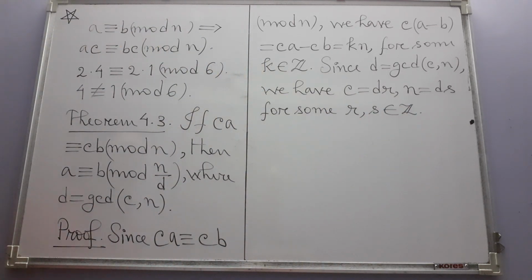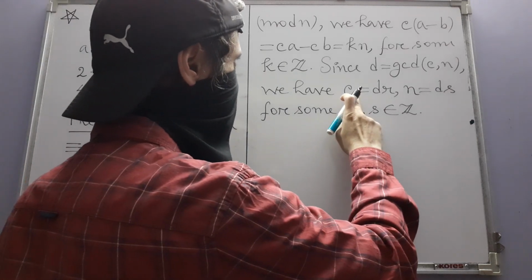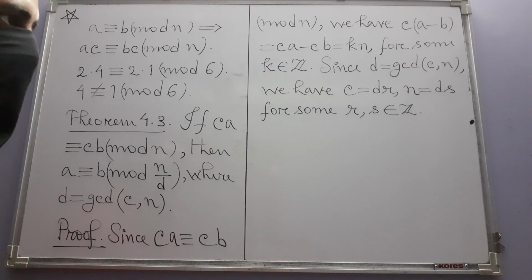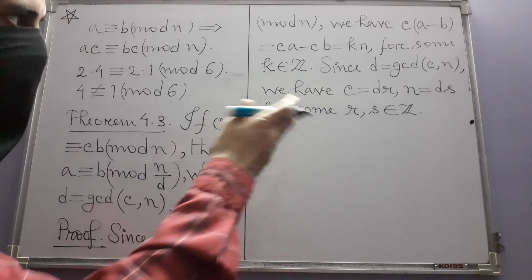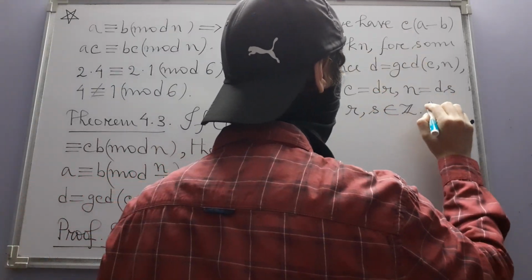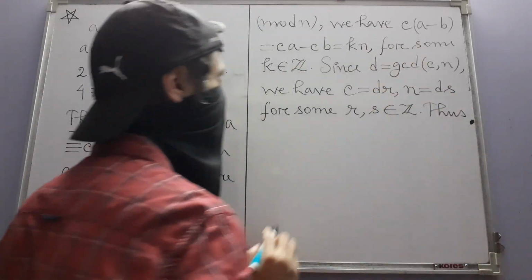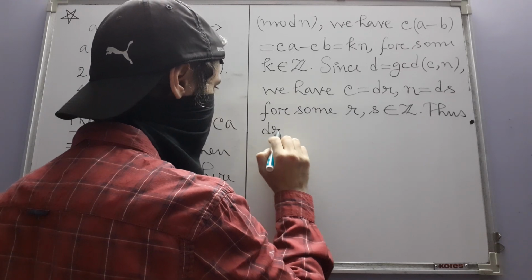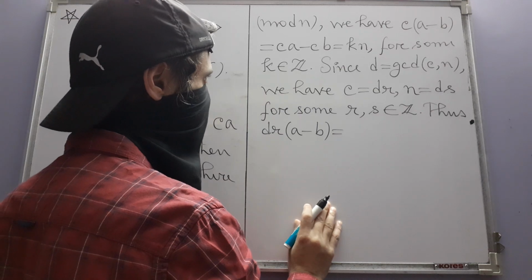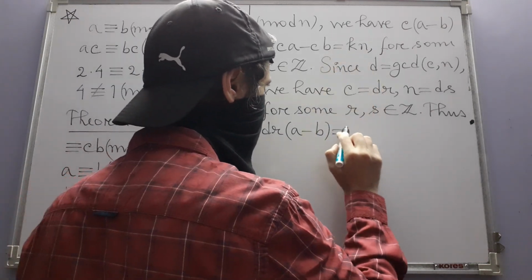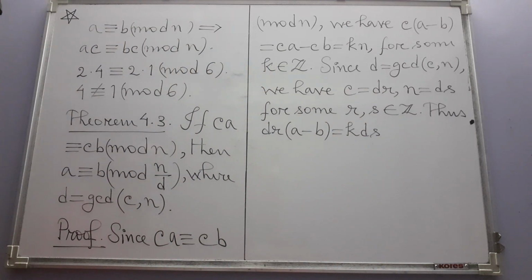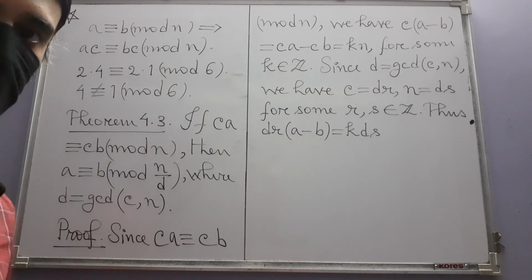Okay. So what we can now do is substitute for c and n here. In place of c, we are going to write dr, and we replace n with ds in this equation. Thus, dr times a minus b is equal to kds. But d is non-zero. Why is d non-zero?